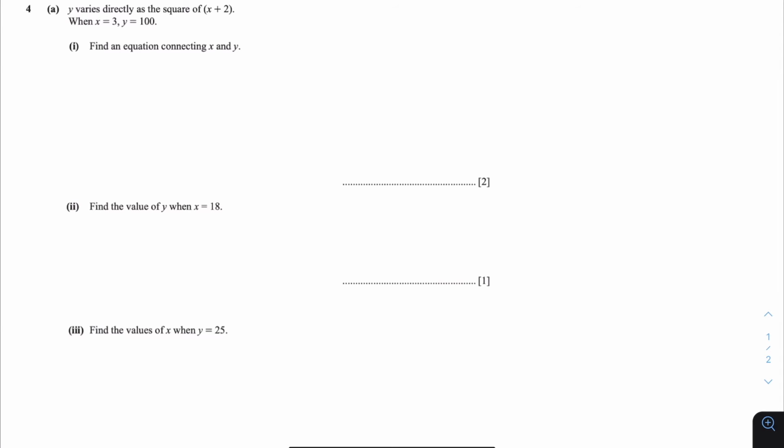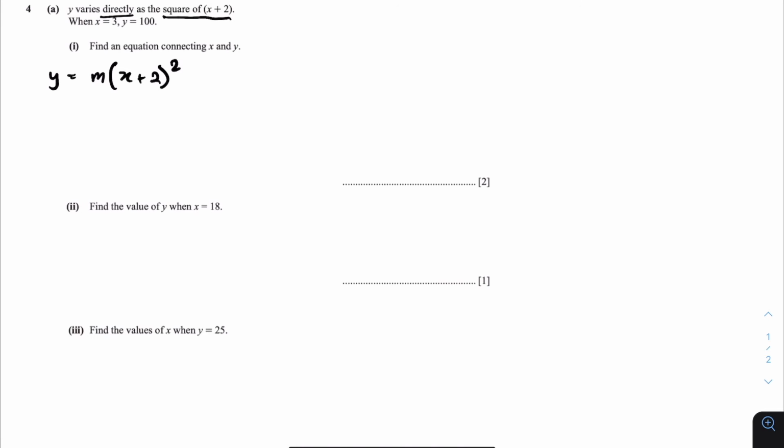So y varies directly as the square of x plus 2. Immediately we can write down the equation y equals k times x plus 2 squared, because we have a directly proportional relationship with the square of x plus 2. Or alternatively, like we have been doing, we can write m times x plus 2 squared.